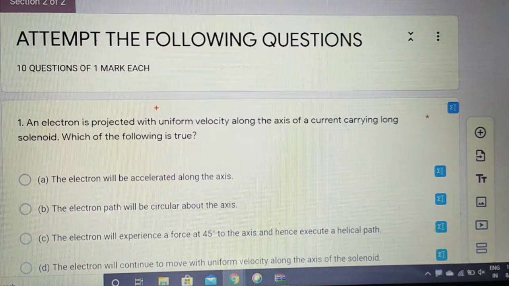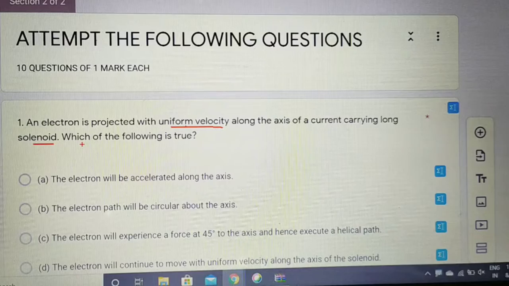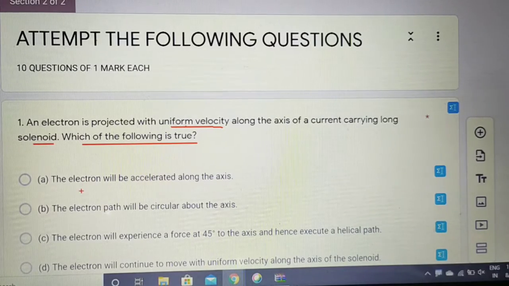See, the first question is: an electron is projected with a uniform velocity along the axis of a current carrying long solenoid. This is the situation given to us and we have to tell which of the following is true. We are given four options. The first option is the electron will be accelerated along the axis.